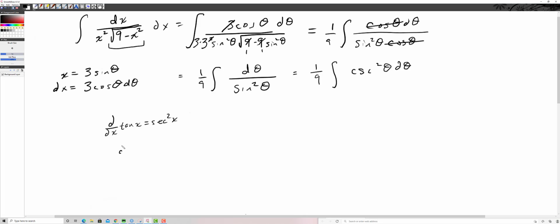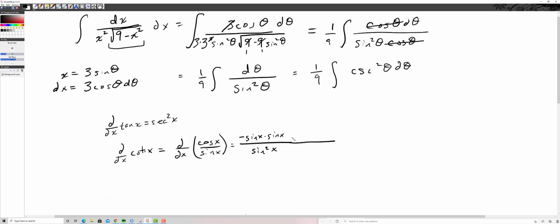Let's take the derivative of cotangent x. Okay, well, that's the derivative of not sine over cosine, but cosine over sine, right? And I just use my quotient rule, square the bottom, then take the derivative of the top times the bottom, which is just minus sine x times sine x.